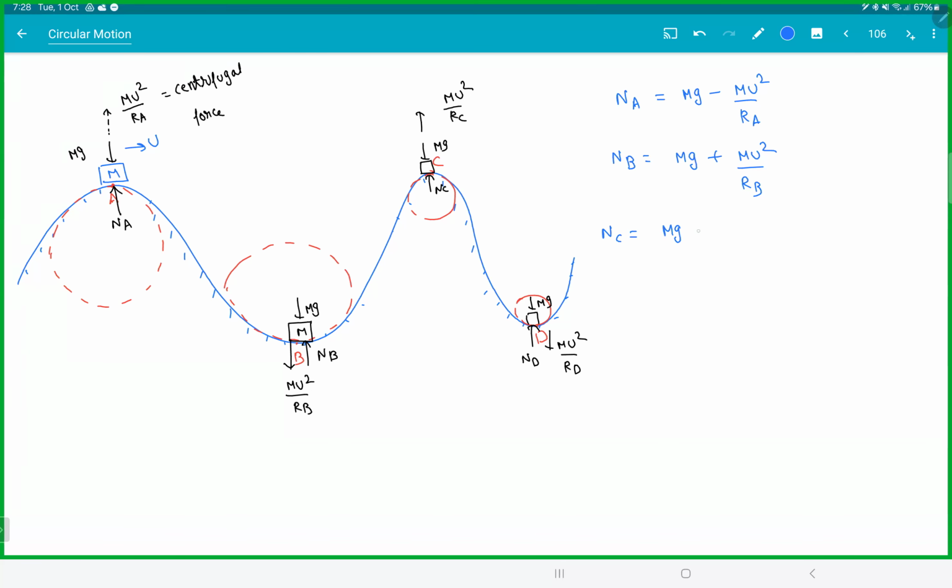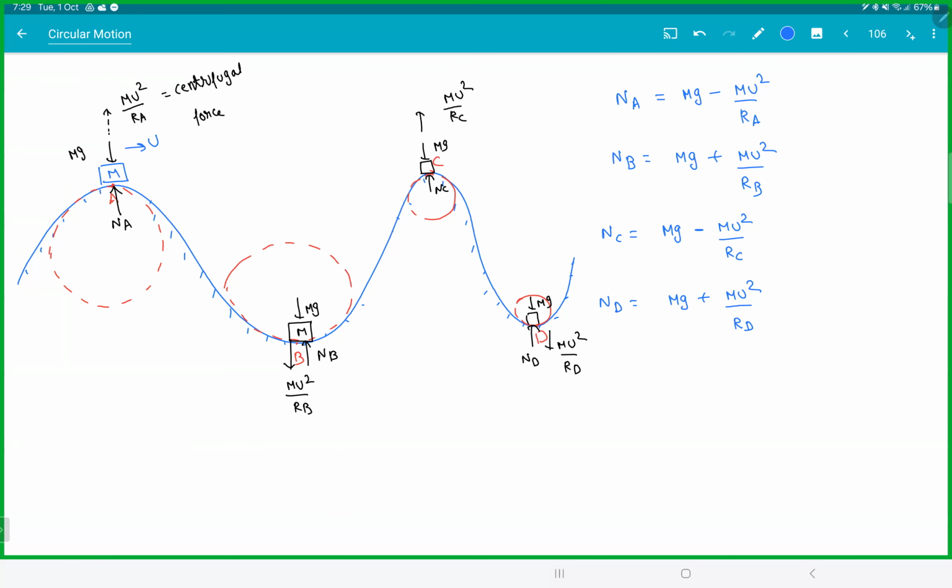And this is mg, and this guy would be minus mu square by rc. And if you look at nd, this would be again mg plus mu square by rd. Now, looking at this, you can clearly see b and d are bigger than a and c. Now you need to see between b and d who is bigger.